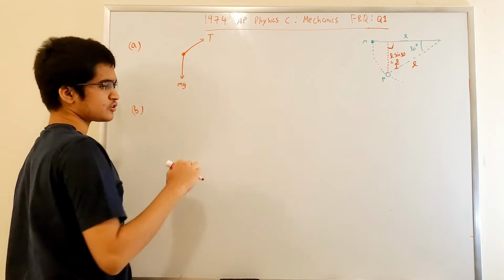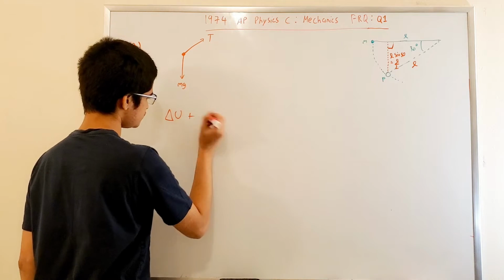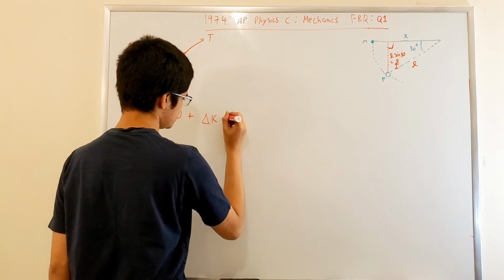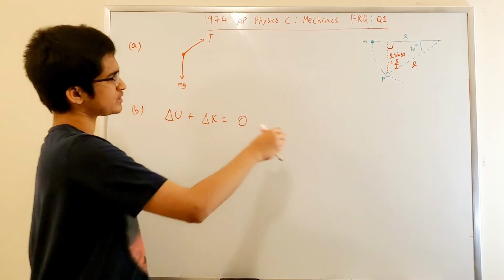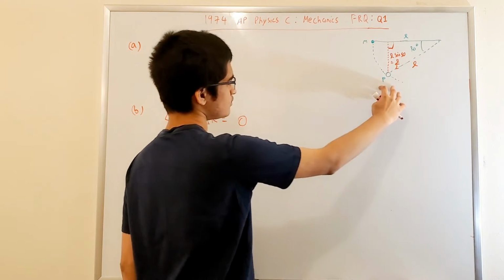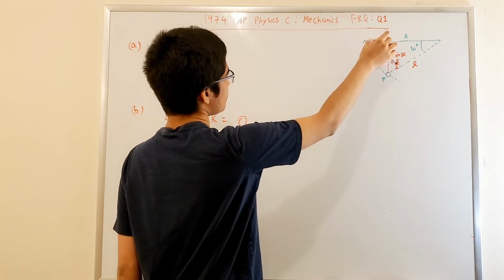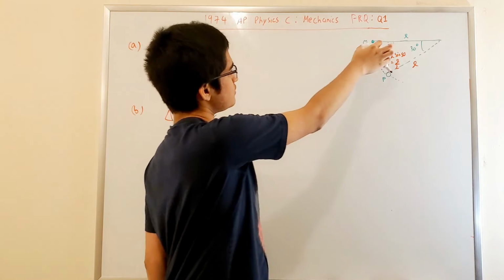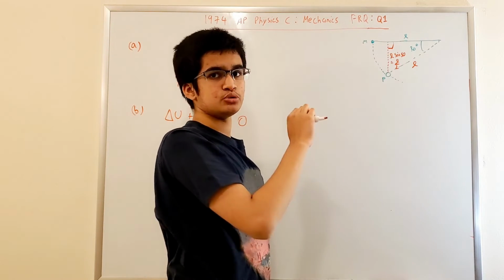Now we can use conservation of energy, which states that the change in potential energy plus the change in kinetic energy is going to be 0. Remember we're taking point P as our reference point. So our initial potential energy is going to be mg times h, or in this case, mg times L over 2.